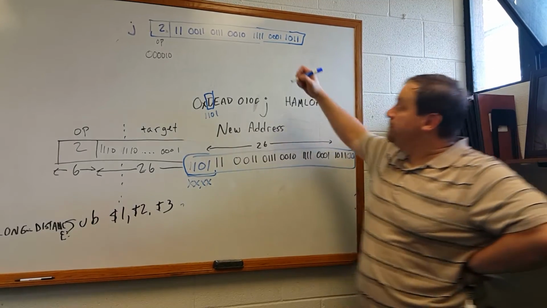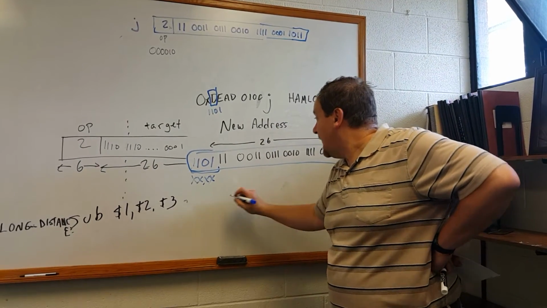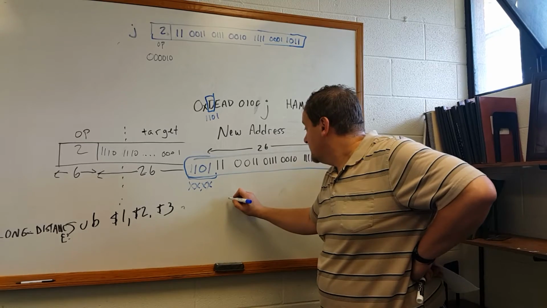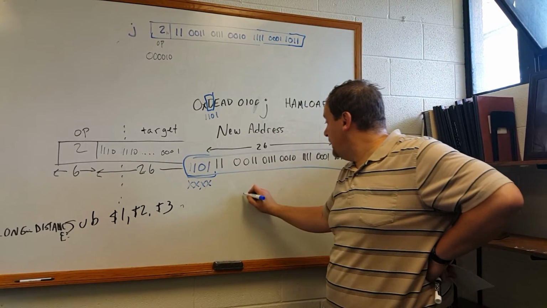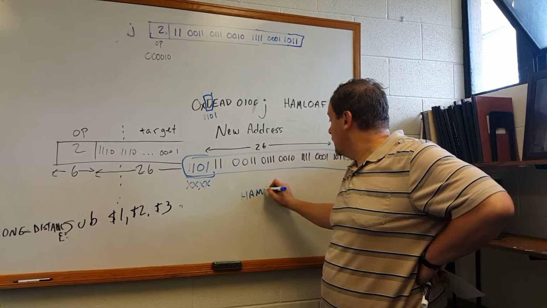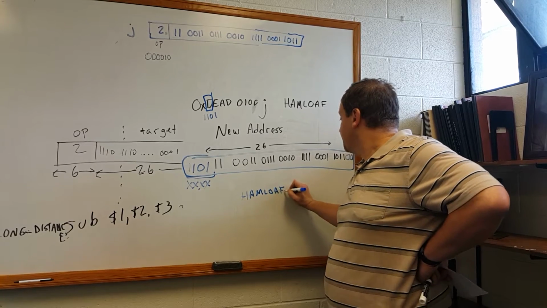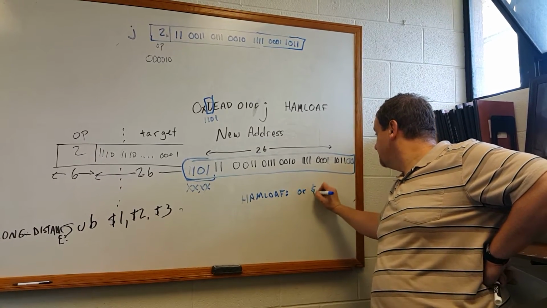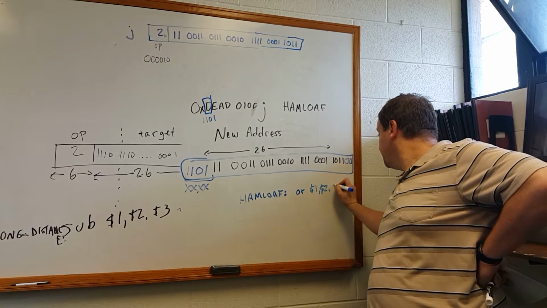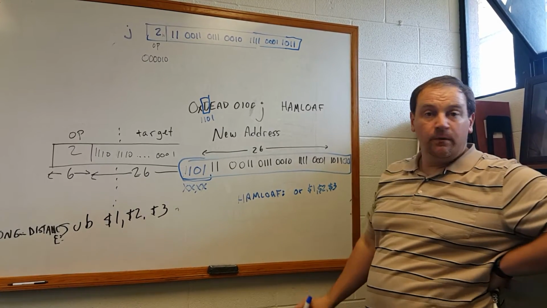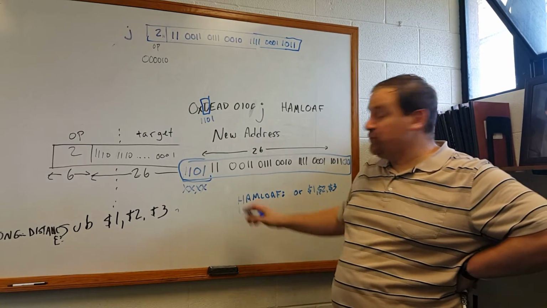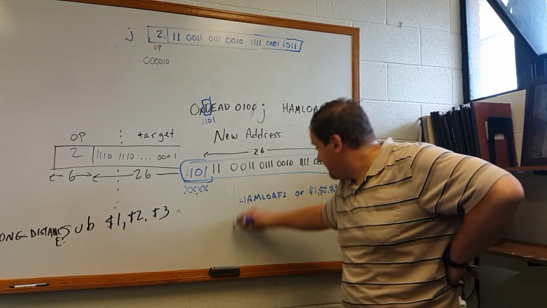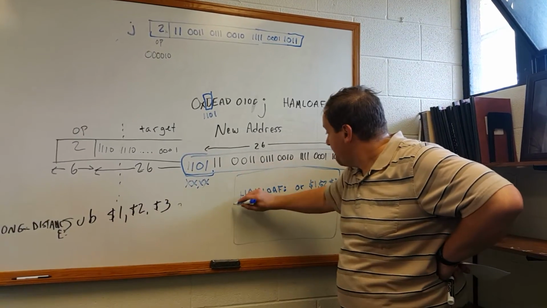So there would be some address, and then that would have the label ham loaf. And this ham loaf, maybe it's an OR instruction. Okay? What is the address of this instruction if it were in memory?